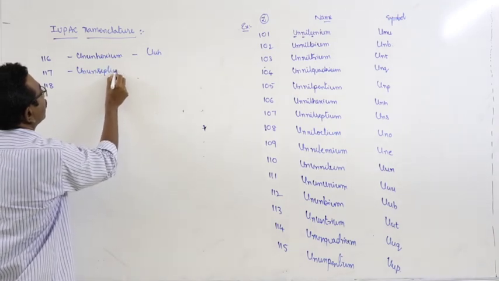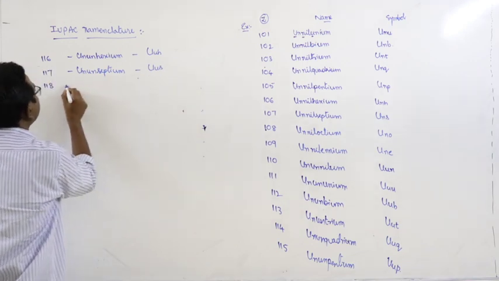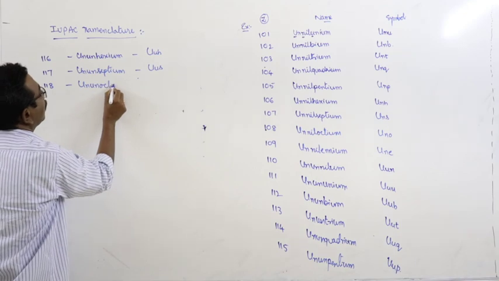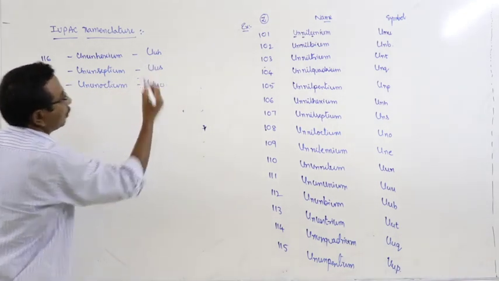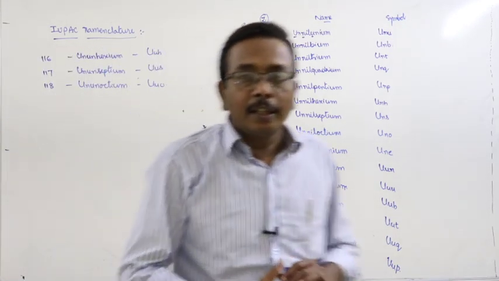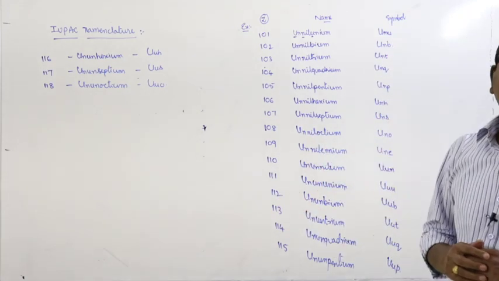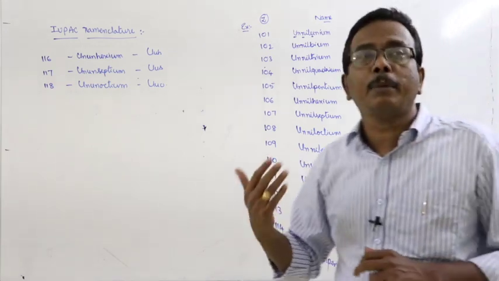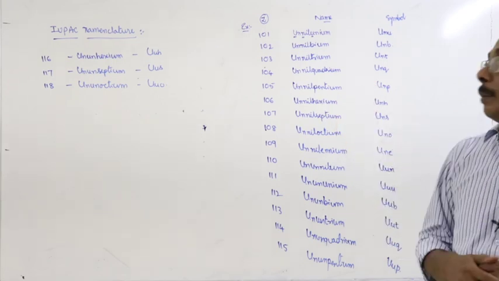Septium, UUS. Octium, UUO. This is about the nomenclature of the naming of the elements that are not yet named by the IUPAC in the modern periodic table.